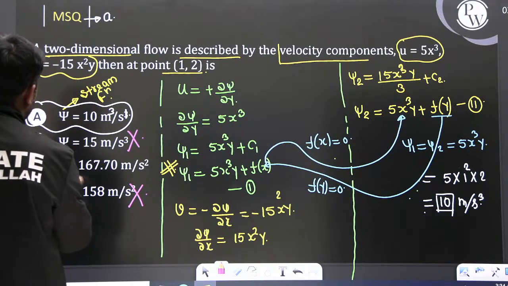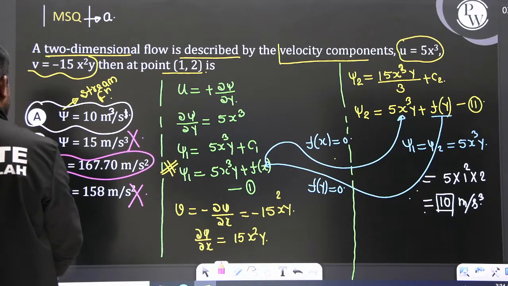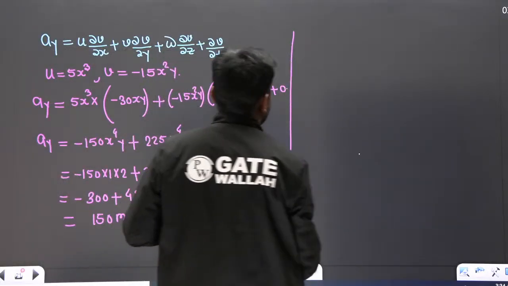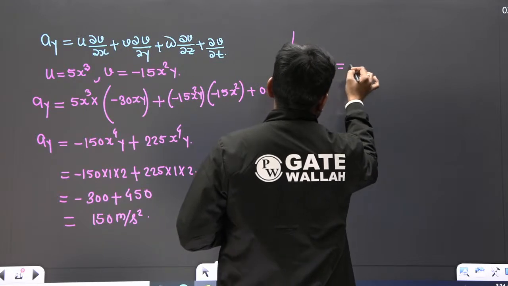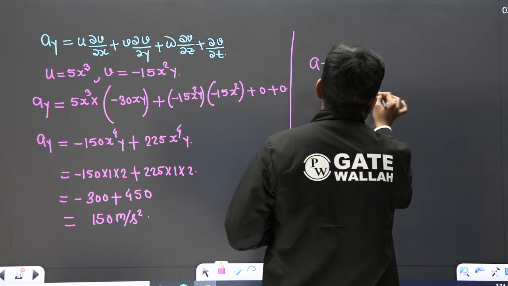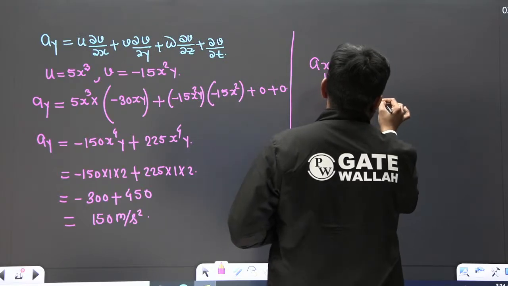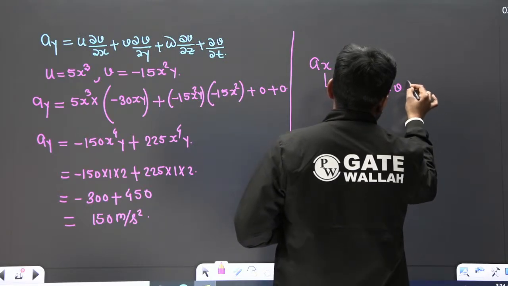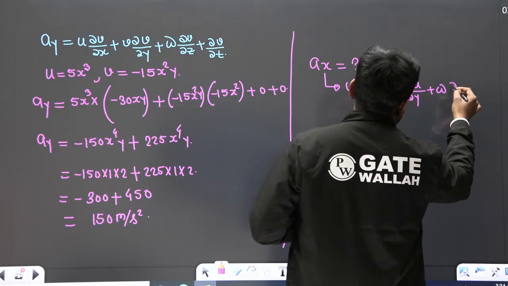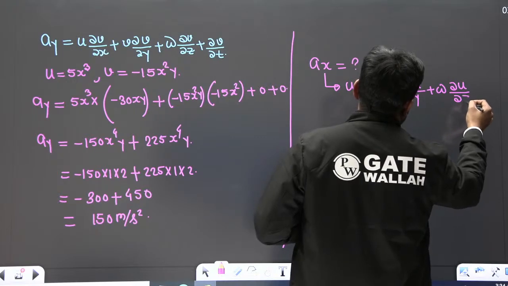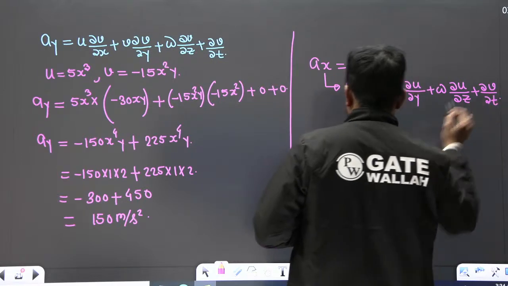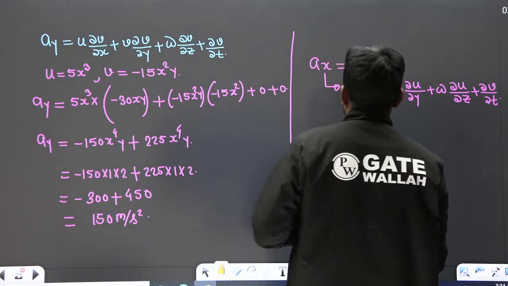So please calculate just AX and then calculate the total. To calculate the AX, you know AX is u del u by del x plus v del u by del y plus w del u by del z plus del u by del t.